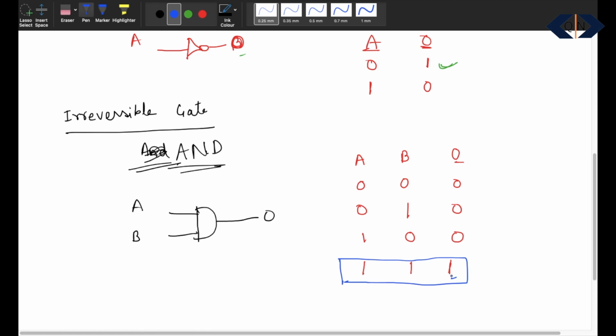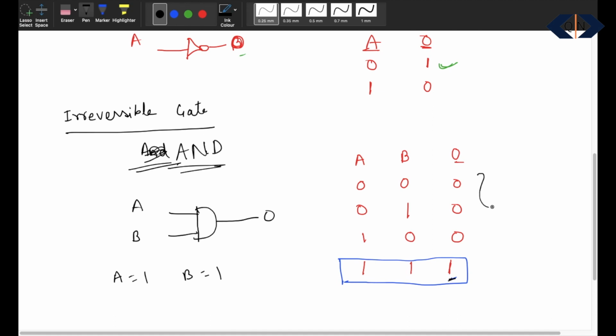Can we determine its input? Yes, since our output is 1, we can say that our input A is equal to 1 and B is equal to 1. We can determine it for this case.